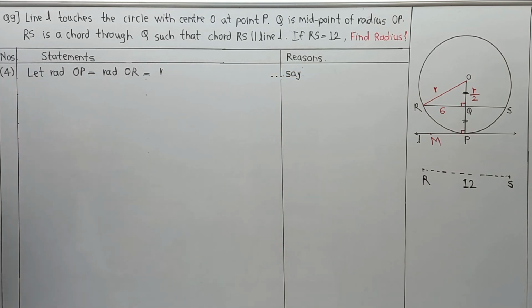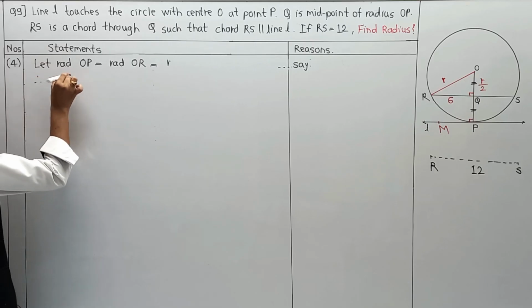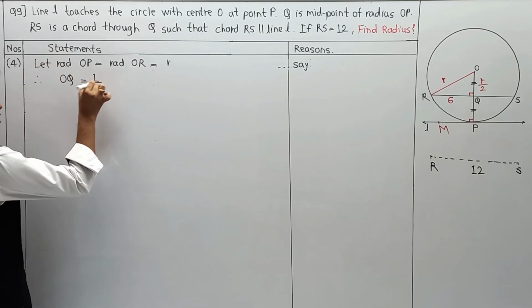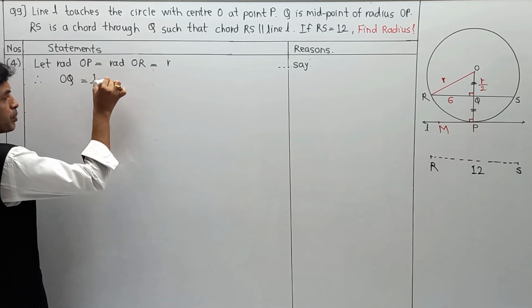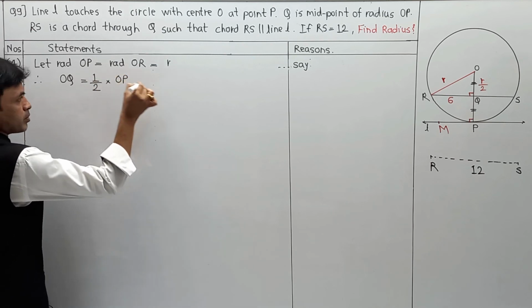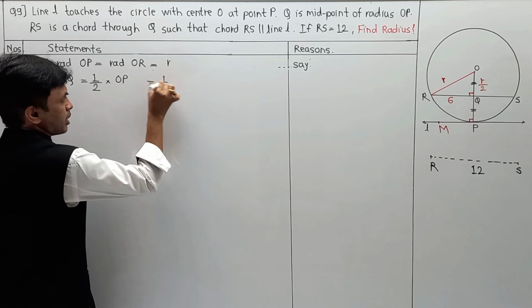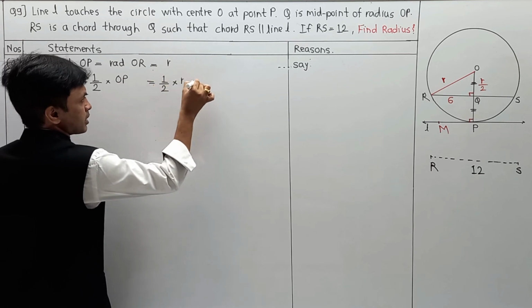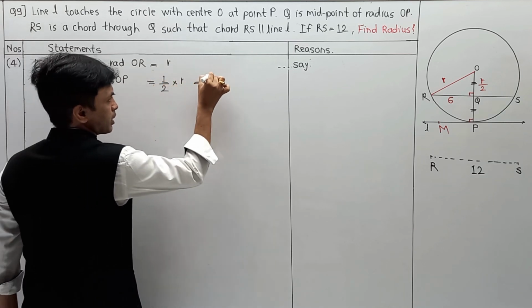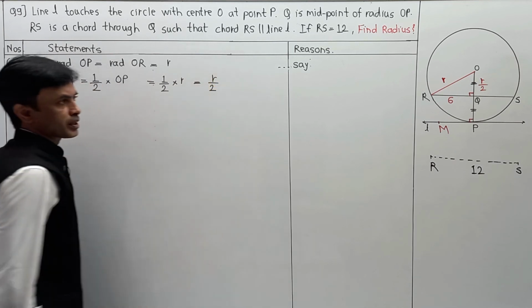Now second part, OQ is half of the radius OP, which means it becomes half of the radius, and that becomes R into 1 by 2, R upon 2.